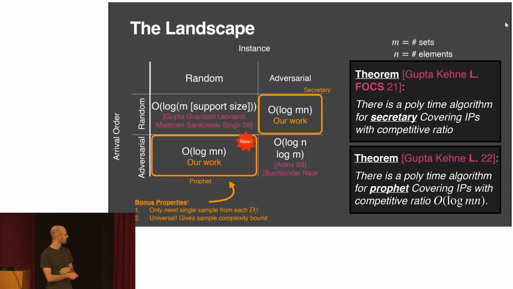But it's a nice property, and the selling point of the algorithm of Anupam et al. was that it was universal, but that one required full knowledge of the distributions. And a bonus corollary of this work is that we're getting sample complexity bounds for building a universal algorithm, and I'll define what that means later.